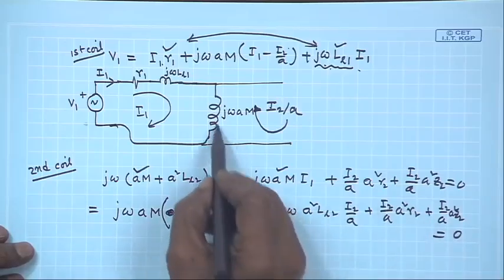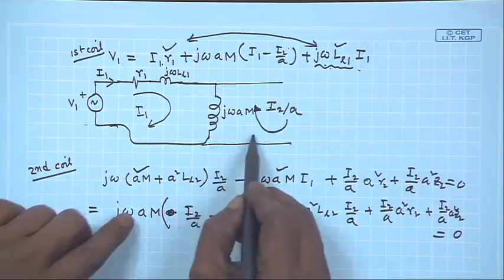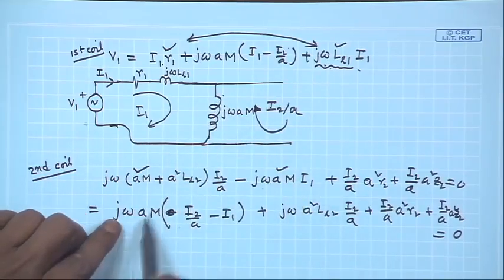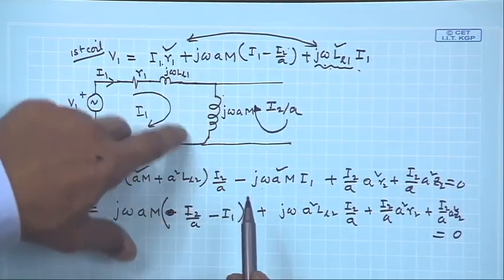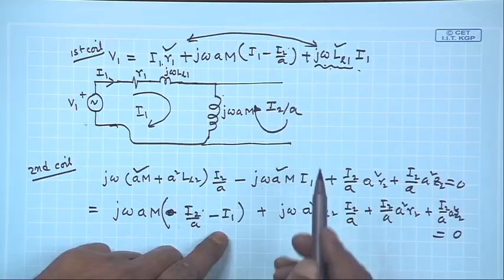So, you see this voltage drop I 2 by A into j omega m is taking place here, and then minus j omega m into I 1 is in the opposite sense. So, I 2 by A minus I 1, mesh analysis.